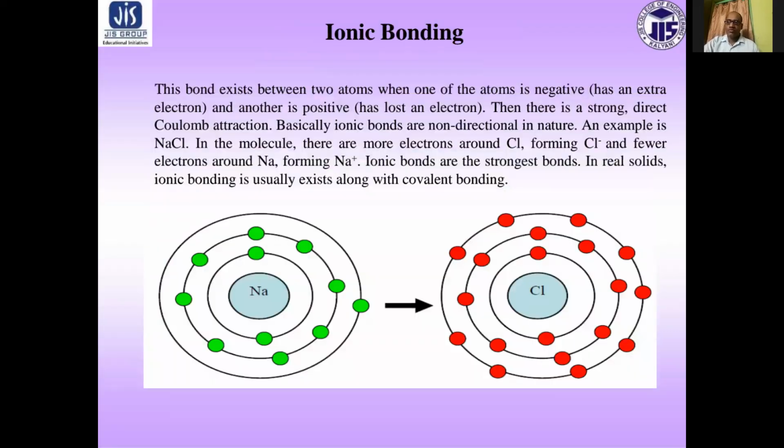So first of all, we will discuss the ionic bond. This bond exists between two atoms when one of the atoms is negative, that is it has an extra electron, and another atom is positive, that has lost an electron.